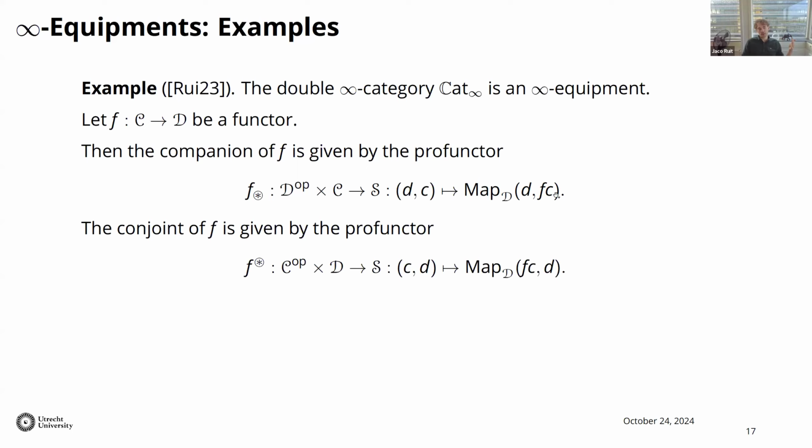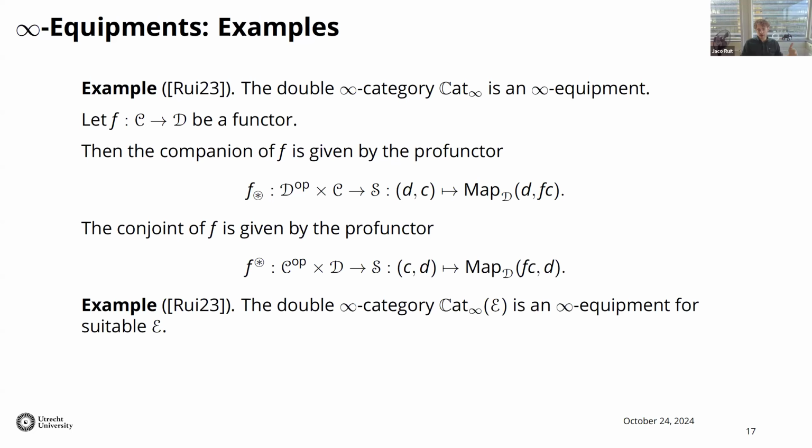Similarly, you can show that the conjoint is given by the following pro-functor in this context. And then the double infinity category of internal infinity categories is also an infinity equipment. Also, something that's not on the slide, for instance, the double infinity category of spans: you can also show that that is an infinity equipment.